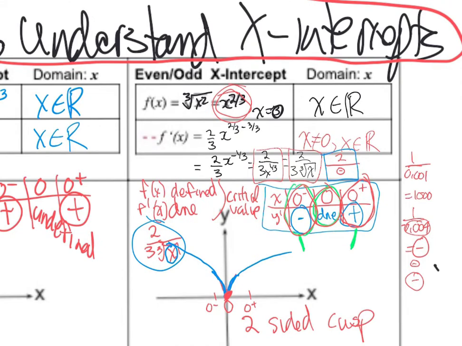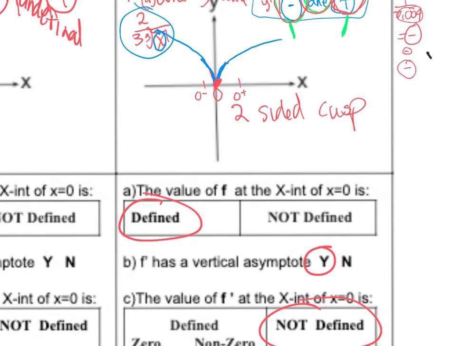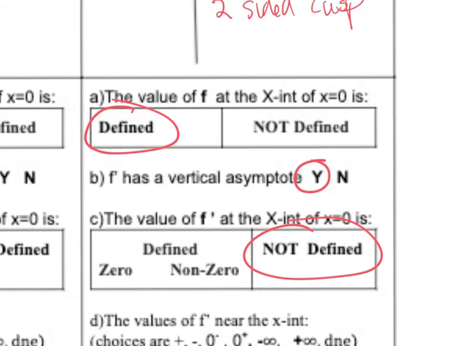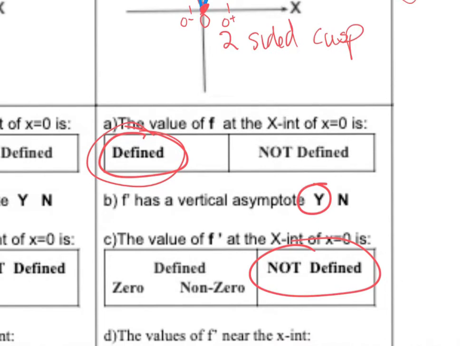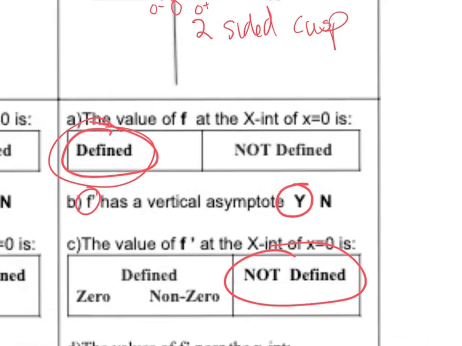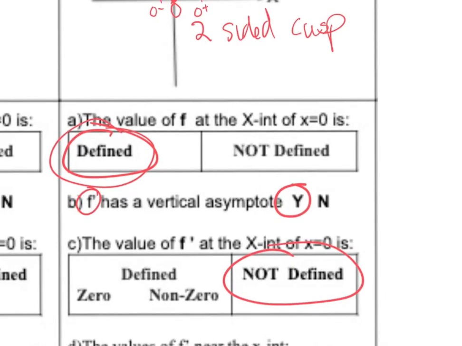and it refers to even odd because the fraction is 2 over 3 in the exponent. So the value of f at the x-intercept of x equals 0 is defined or not defined? Well, we know that the value of f is defined. Does f prime have a vertical asymptote? Well, we know that y prime in this case was 2 over 3 cube root of x.